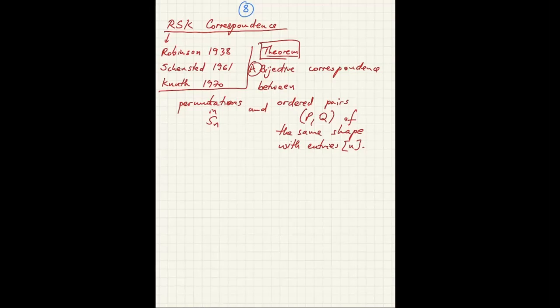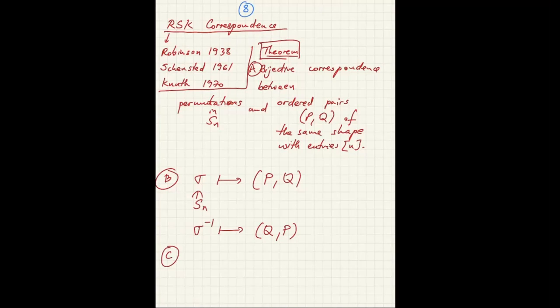Basically it associates to each permutation in Sn two Young tableaux, an ordered pair of the same shape with entries in n. And the pair associated to the inverse, sigma inverse, is the ordered pair (Q, P). That's a property of this correspondence.